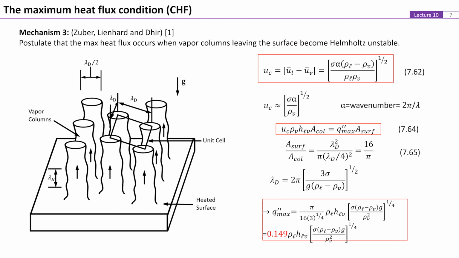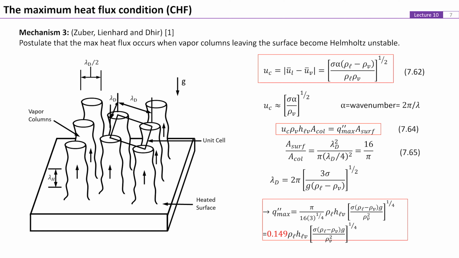The vapor-to-liquid interface is subjected to the analysis of Taylor instability of a semi-infinite liquid above a layer of vapor. The centerline spacing of the columns corresponds to lambda d. Consequently, the column diameter is assumed to be lambda d over 2.